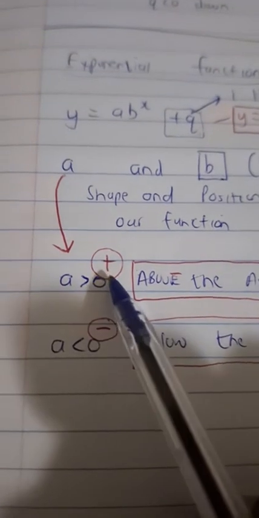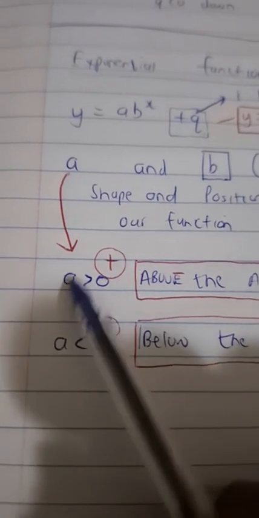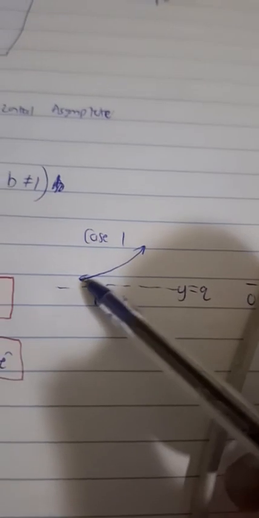Right? So let's say this is the asymptote, and remember we are still looking at cases where the function is above the asymptote. So the function can be above the asymptote where b is greater than 1. This is the shape of the function that you will see. You'll see an increasing function. But if a is greater than 0 and b is between 0 and 1, then the shape of the function will still be above the asymptote.